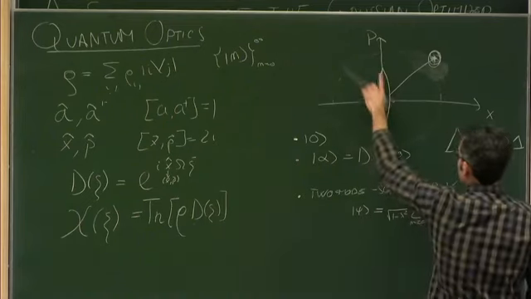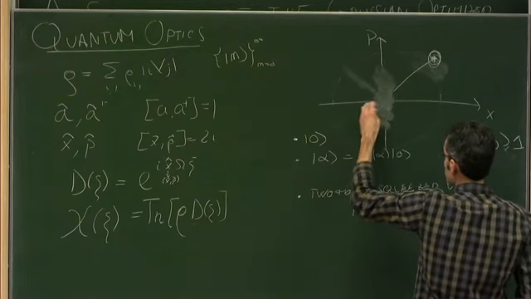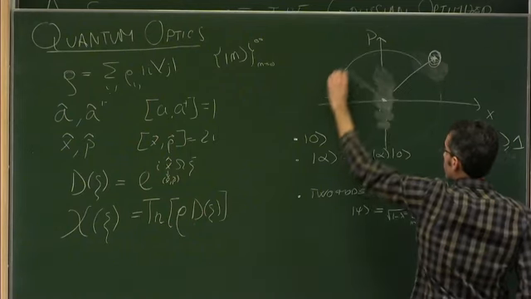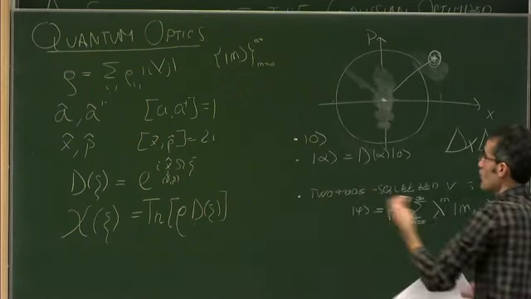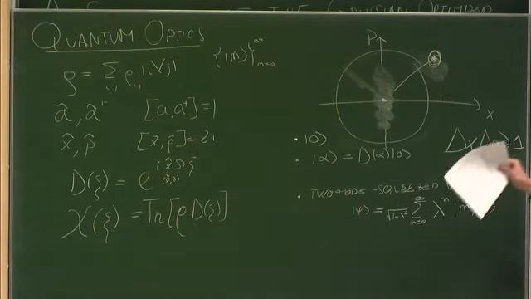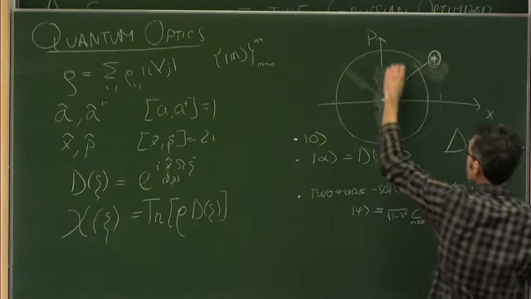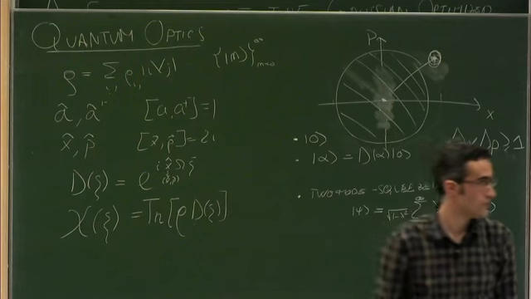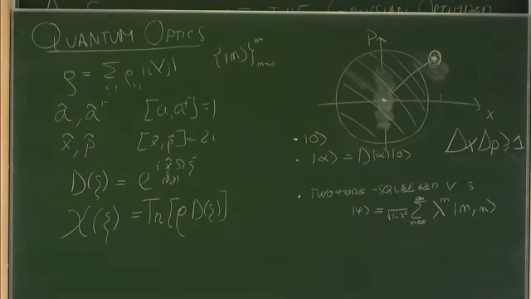So a thermal state will be something that is centered on 0 and then has a variance that is larger than 1 because it has much more noise than a coherent state or vacuum, something like that. Yeah, this is just for the introduction.